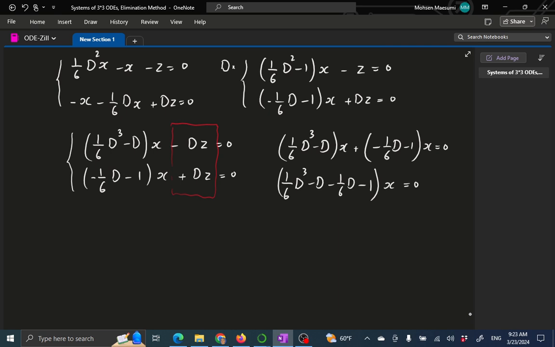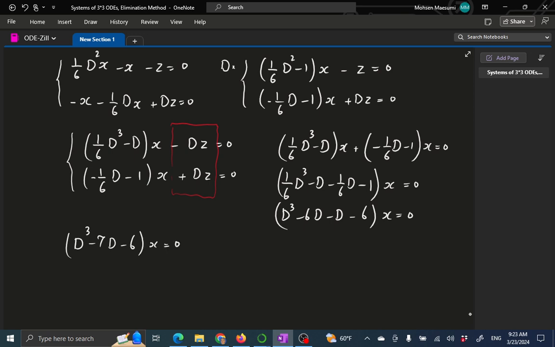Maybe we should have done that from the beginning. When you multiply this by 6, I get d cubed minus 6d minus d minus 6, x equal to 0. And we clean up one more round: d cubed minus 7d minus 6 times x is equal to 0.